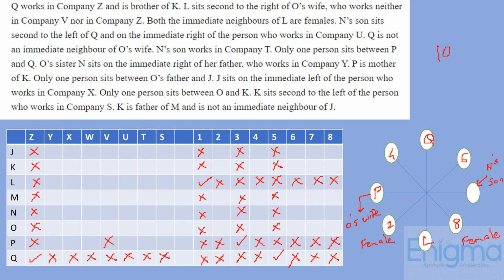So O is a male, he is married to P. Now P is mother of K. K is father of M. Now Q is brother of K.